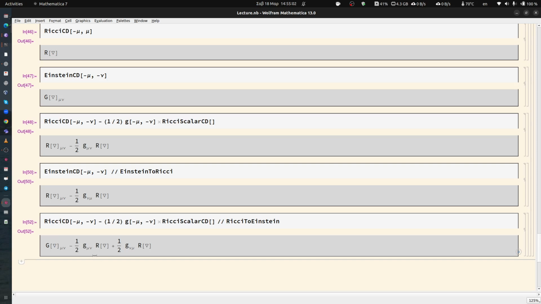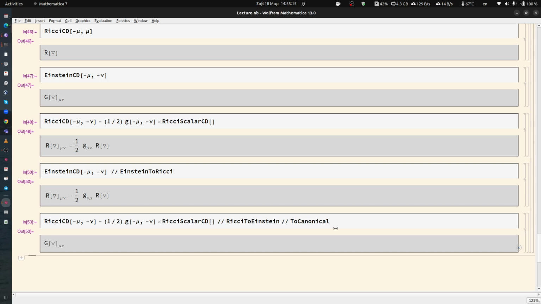Now those two terms here still remain. Of course they're equal to 0, but in order to see this, we have to apply the function ToCanonical. And indeed, we find the same result.